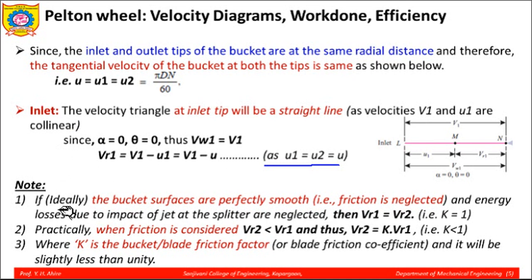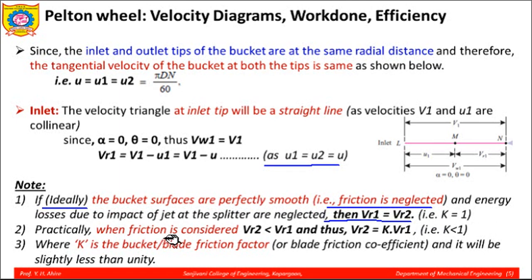Now, in the ideal case, if the bucket surfaces are perfectly smooth, then friction is neglected, and if the energy losses due to impact of jet on the splitter are negligible, then VR1 is equal to VR2, where K value is equal to 1.